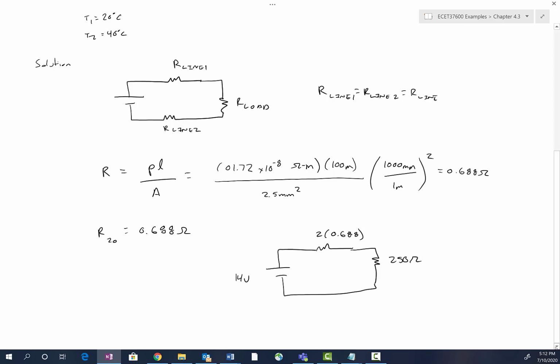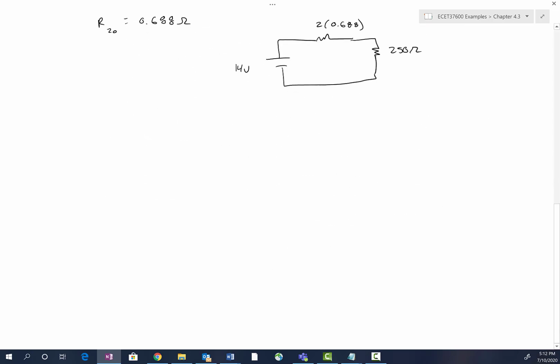So load times source divided by total series resistance is going to give me the voltage dropped across the load. So that's going to be V load measured across that 250 ohm resistor. It's going to be found by 14 volts, the source voltage, times the load resistance, 250 ohms, divided by our total, which is just the series, which is 250 plus 2 times 0.688.